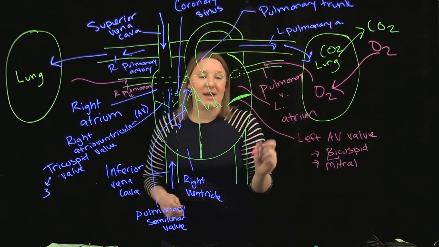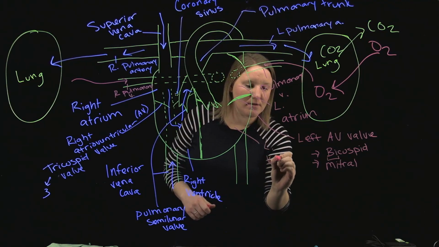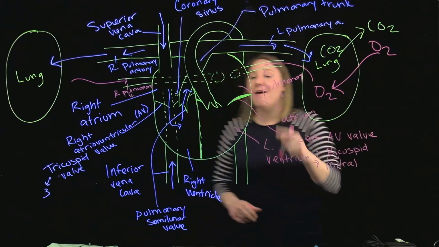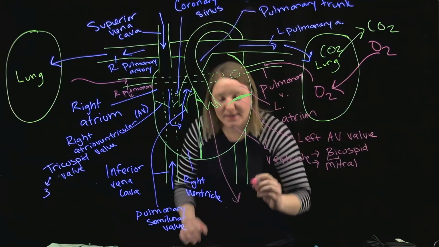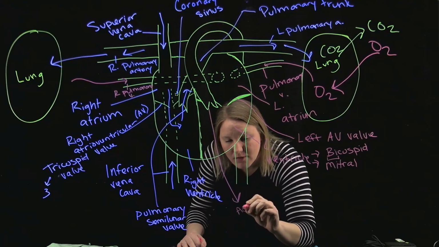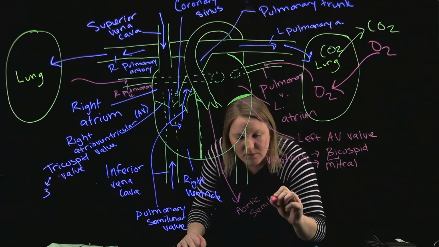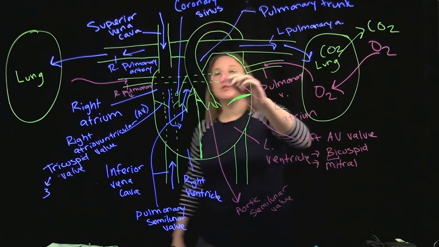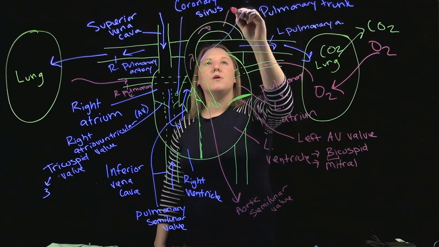After the blood heads through that AV valve, it finds itself in the left ventricle. And the left ventricle will pump it through the aortic semilunar valve into this vessel here, which is our aorta.